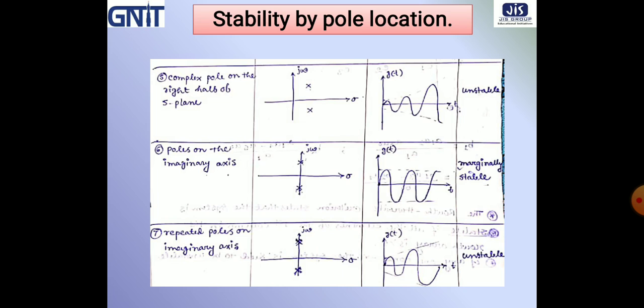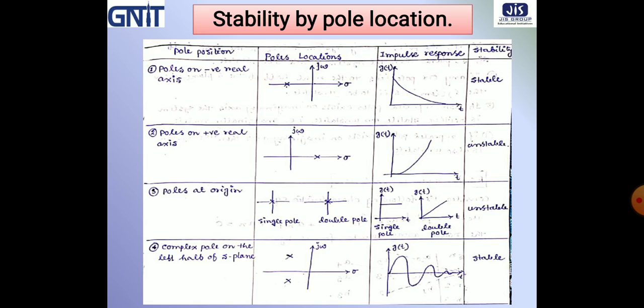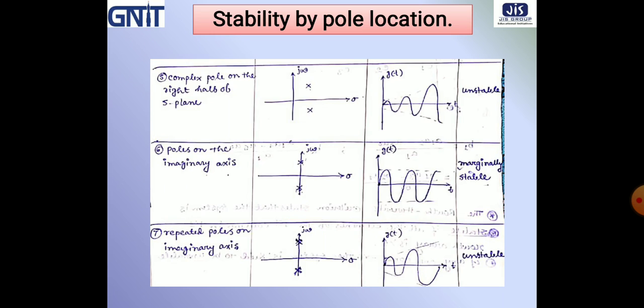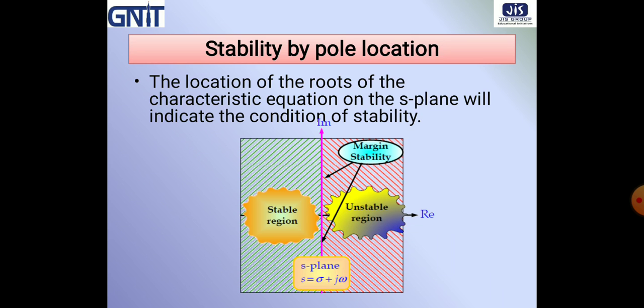Okay, so if we conclude these cases, then we can see like this. This is our imaginary axis and this is our real axis. If poles are present in the positive real axis, that means the red shade zone, then the system will be unstable. That means this red shade zone is the unstable region.